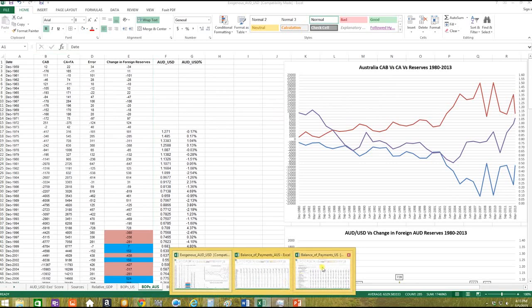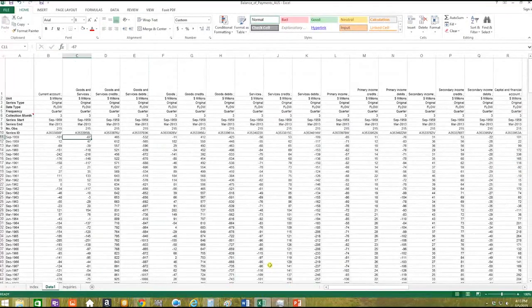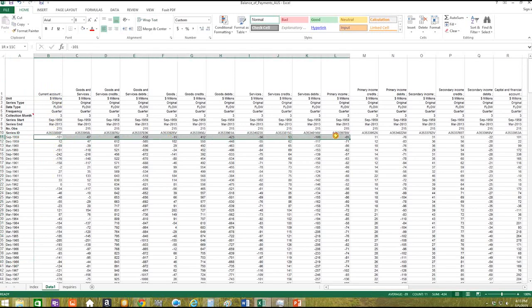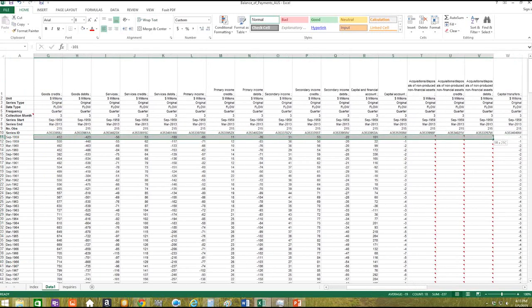What you'll essentially be downloading is a similar spreadsheet to the one we got when we downloaded the US trade data, where you have all of the trade data going back historically to 1959.